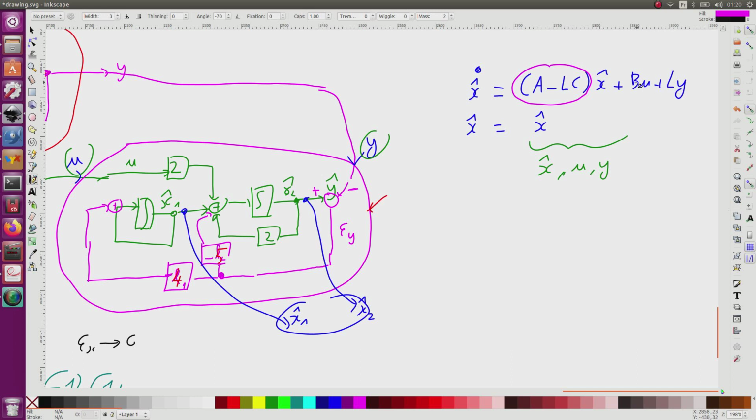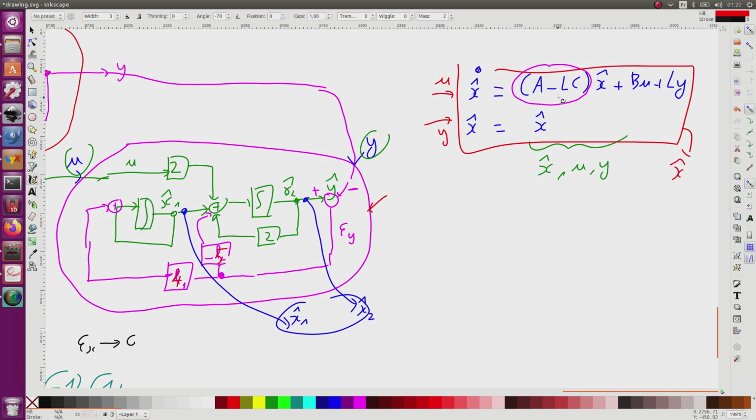This B and L correspond to the control matrix, and the observation matrix is the identity. This observer has for input u and y, and for output x hat.